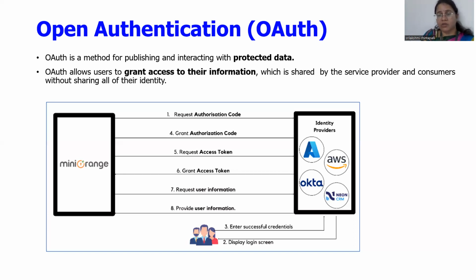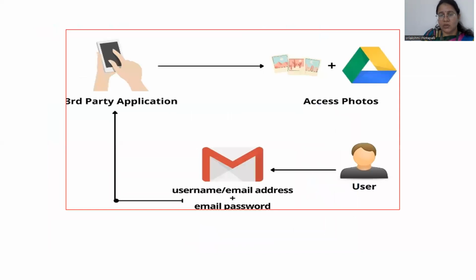It could be the other way around also, where the users will be hiring the third party organization to make sure that whatever resource they're using from the cloud providers is secure enough or not. So the other way around also is possible. So there's an example: user wants to access Google Drive.